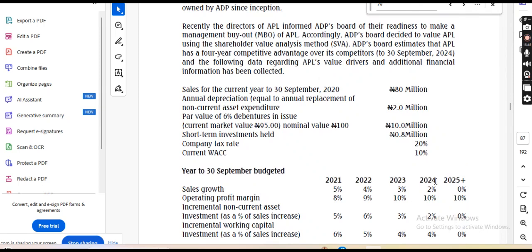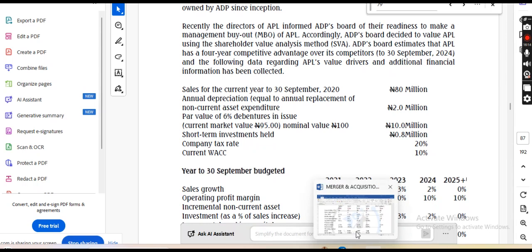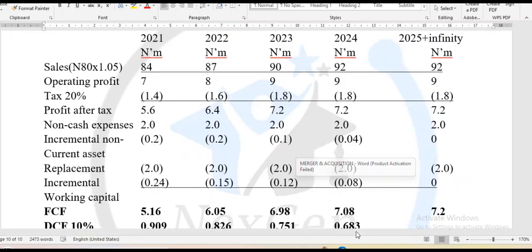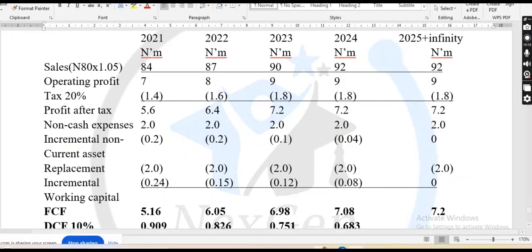It is supposed to be 4 years, right? Then why do we have 2025? Even if they did not put the plus, you should know. It is 2020, for 4 years. So anything after 2024 is beyond, that is to infinity. Class, am I communicating, please? Yes, sir.